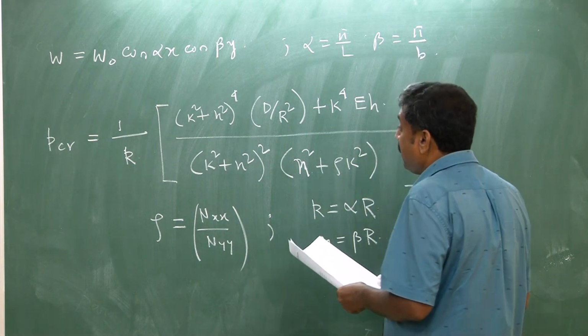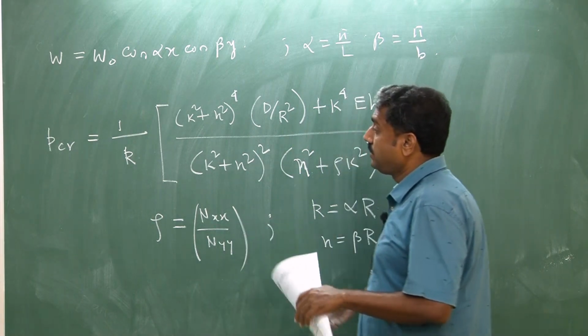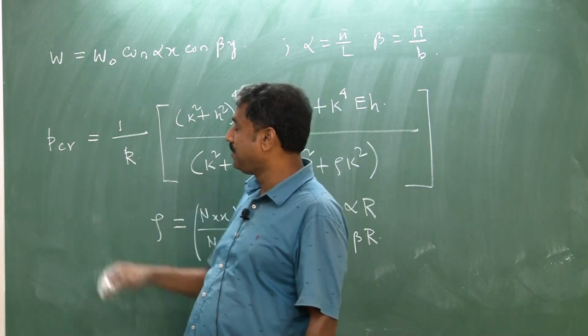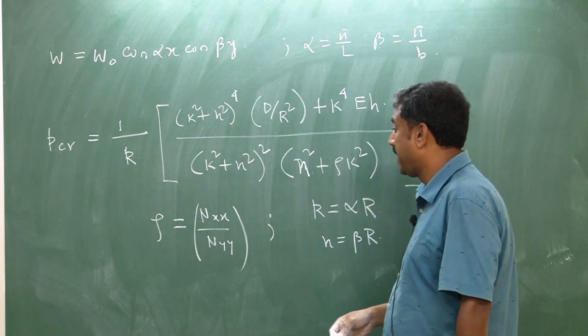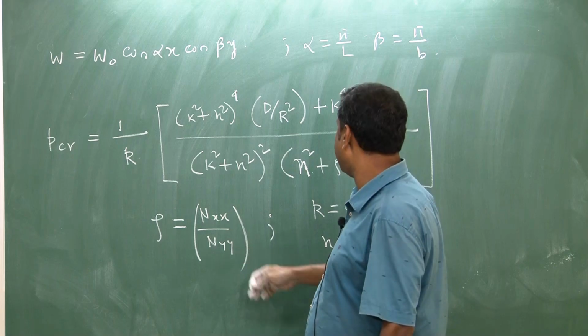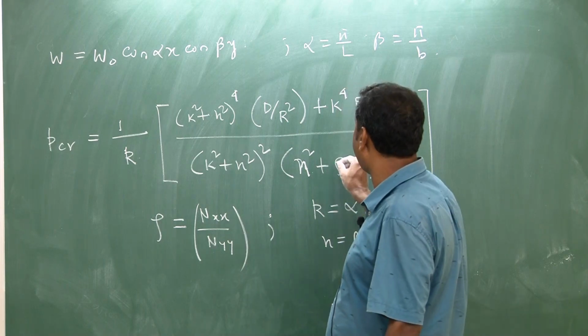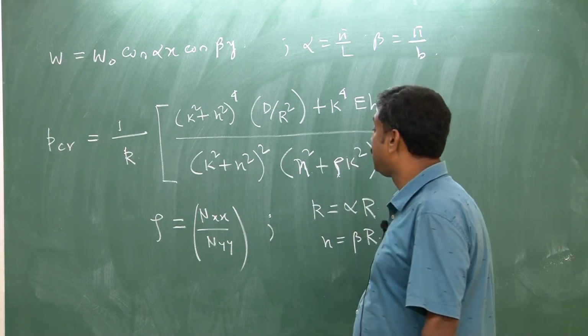So as you see, P critical is obtained as a function of this ratio rho, because you have only one equation.